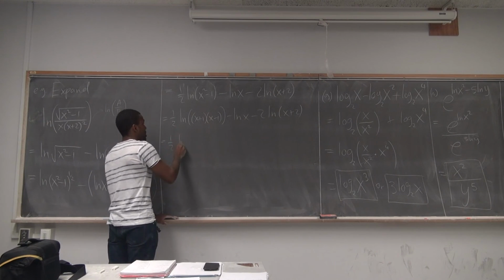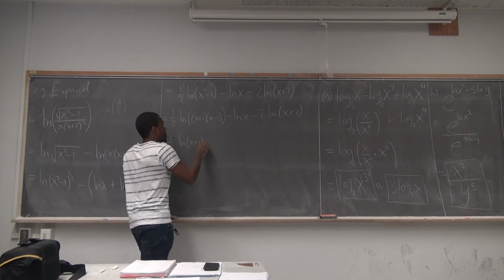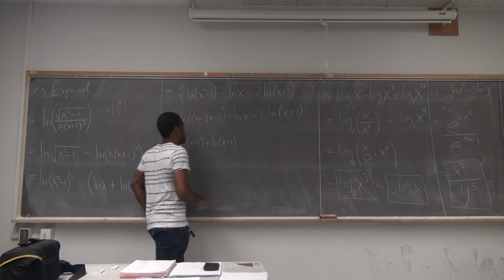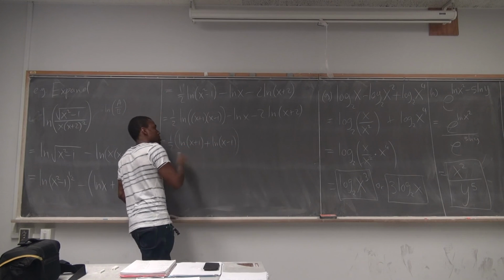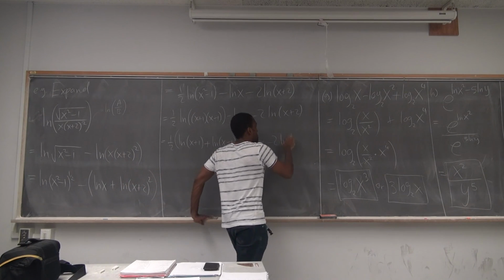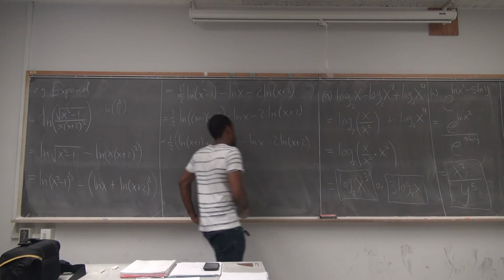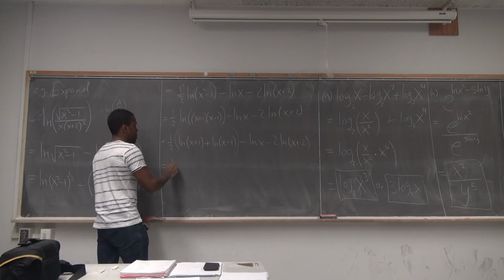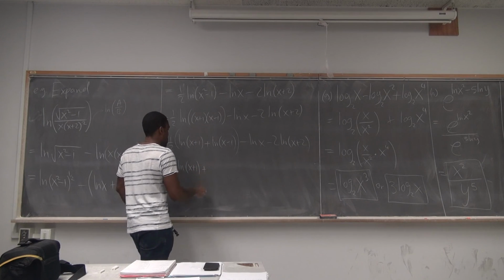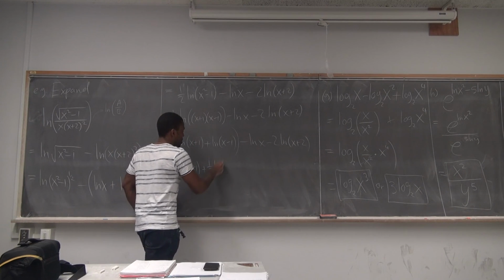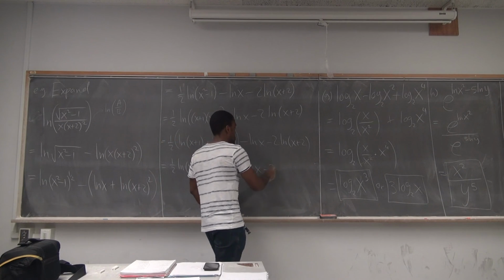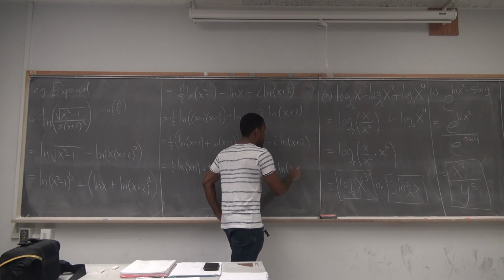So it's ln of x plus 1 plus ln of x minus 1, in parentheses, so that the half gets distributed. So I could do something like 1/2 ln of x plus 1 plus 1/2 ln of x minus 1, minus ln of x, minus 2 ln of x plus 2.